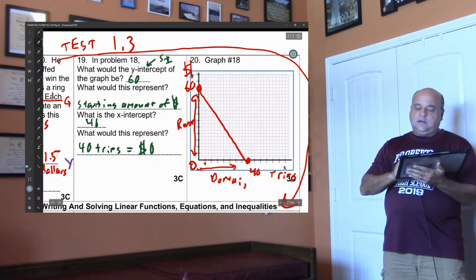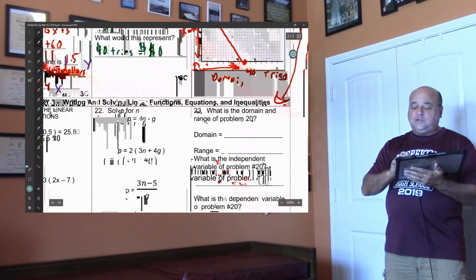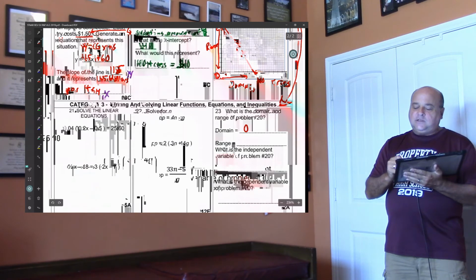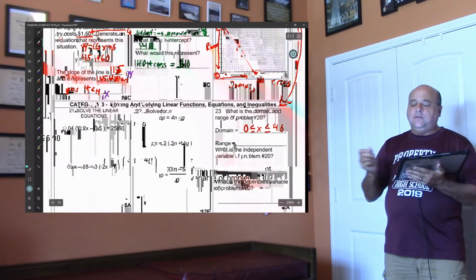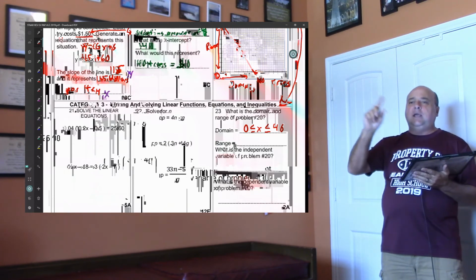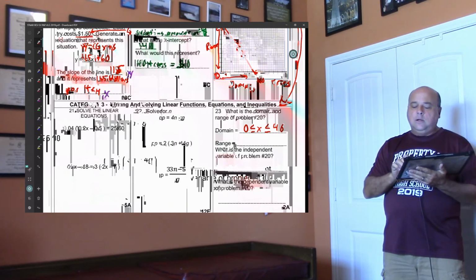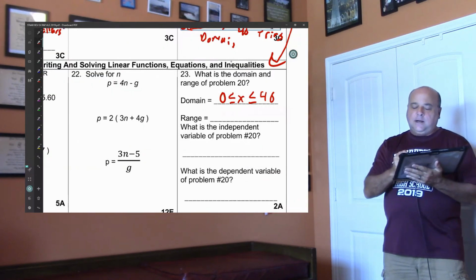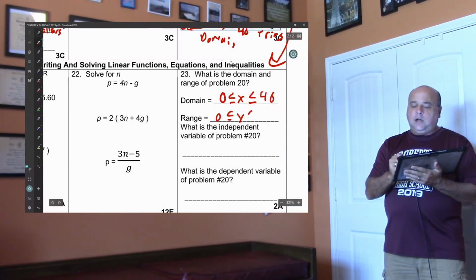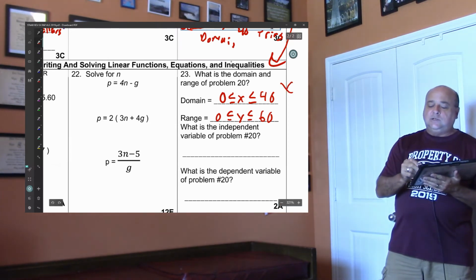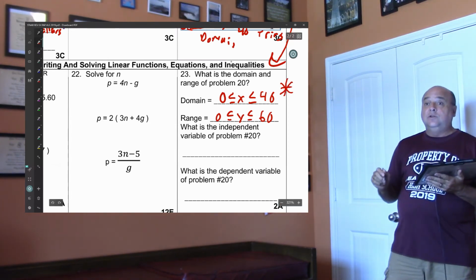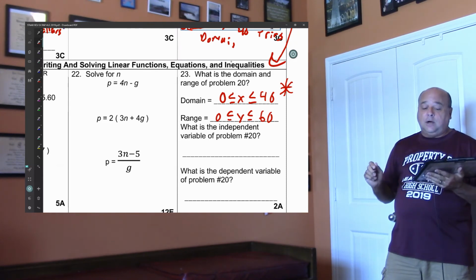Okay, so let's go down to this one. This could be on your test too. Our domain is going to go from 0 to 40. Remember, you put less-than signs and x in there, right? So the x can be anywhere between 0 and 40. The range can go anywhere for y, and it's going to go up to 60 bucks. Please be able to do this. You're going to have something like this on your test where you have to define the domain and range.